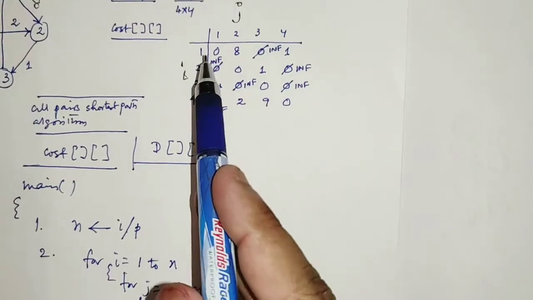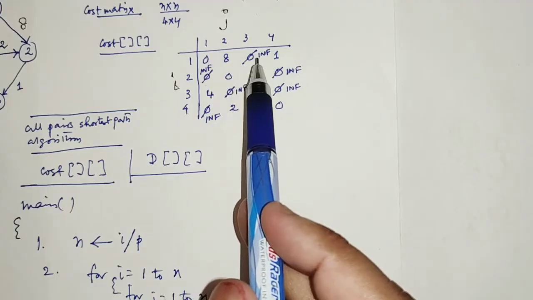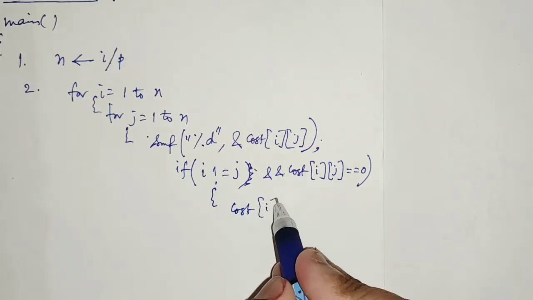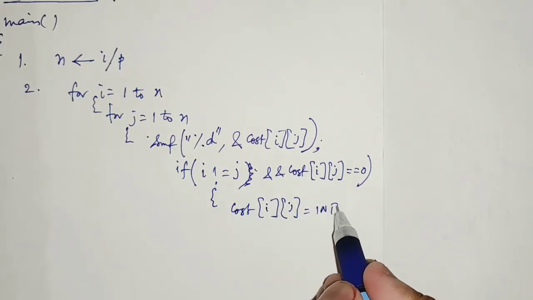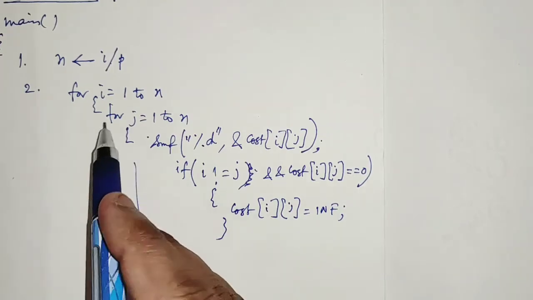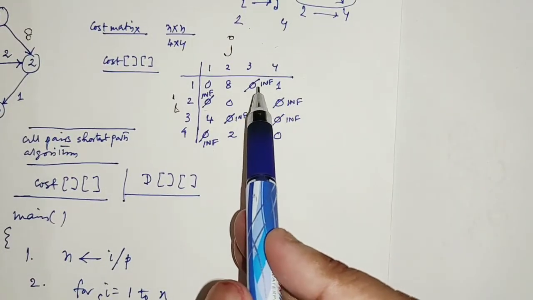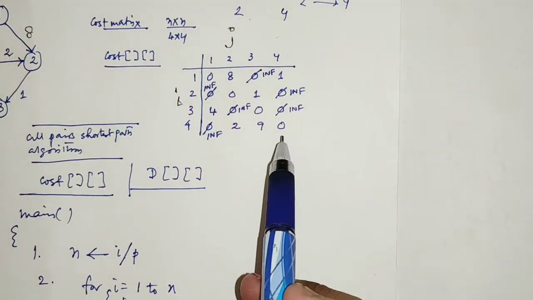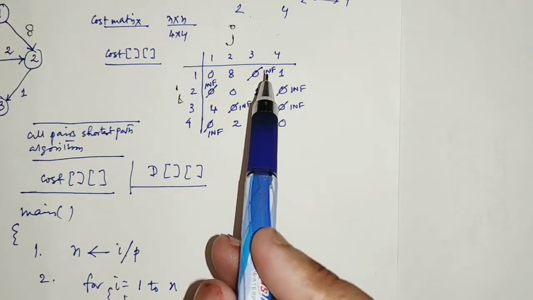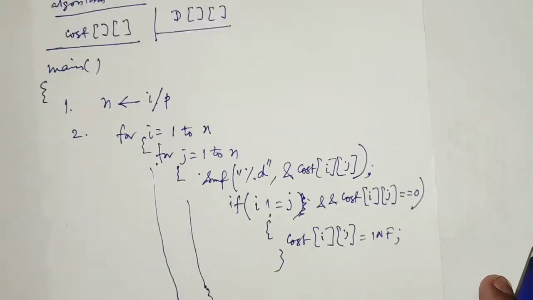If it is 0, suppose i is 1 and j is 3, i not equal j, okay, and cost of ij, that means cost of 1 3, is 0, then make cost of ij equal to INF. In that way you can go for replacing 0 by infinity only for those entries where i is not equal to j, leaving the principal diagonal. We will replace the zeros by infinity except the principal diagonal, and principal diagonal means i is equal to j. So the cost matrix formation is done.